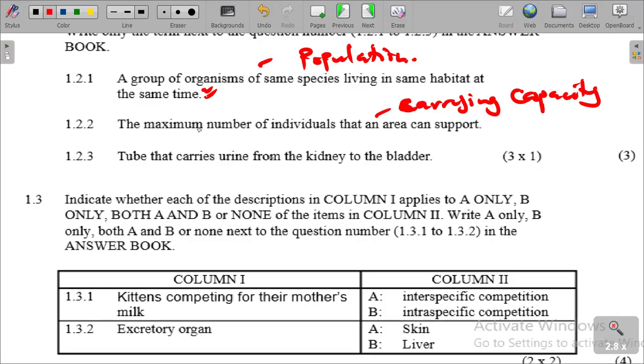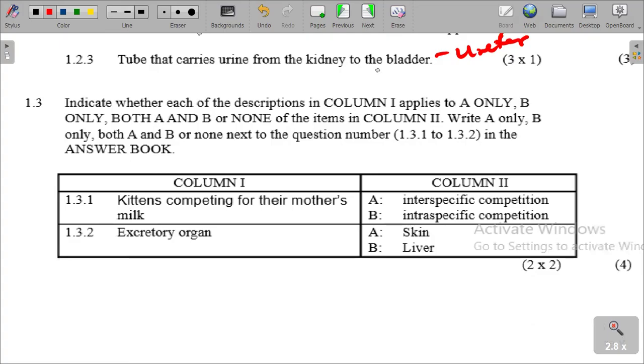The tube that carries urine from the kidney to the bladder, we call that a ureter.